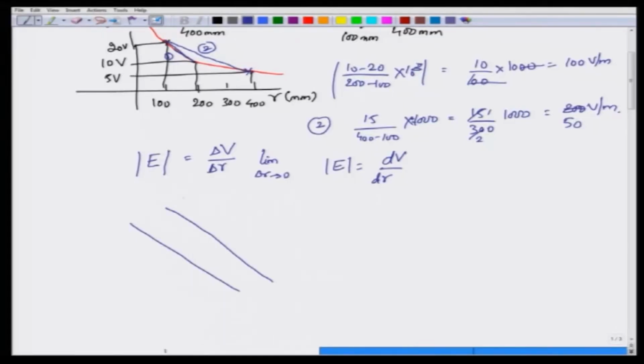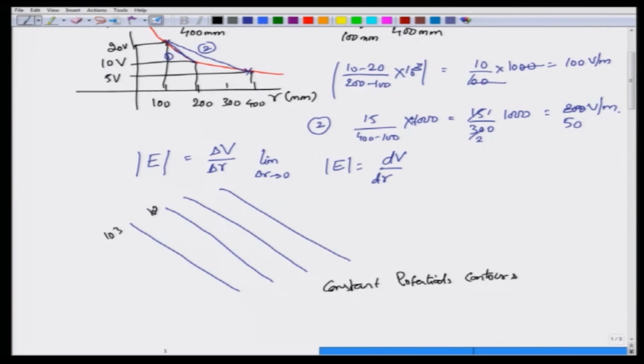That is, let us say these are the constant potential surfaces, or what we call potential contours, that I have measured on a piece of plane by some measurement methods which we will not go into here. So, we have constant potential contours here which are measured. Let us say this is 103 volts, this is 102, this is 101, and this is 100 volts.